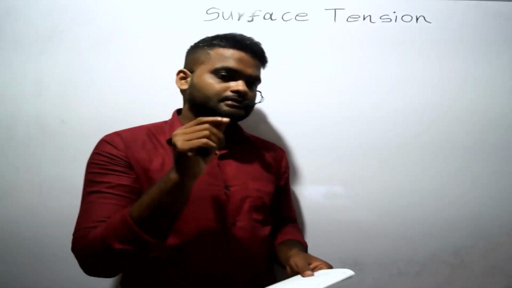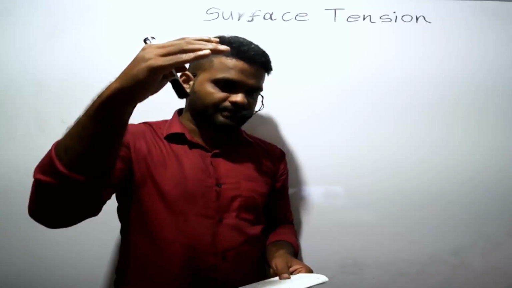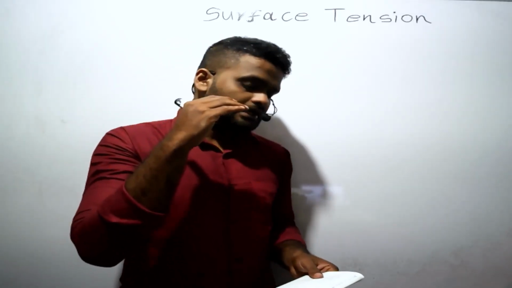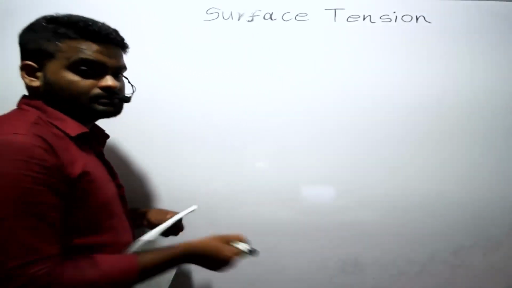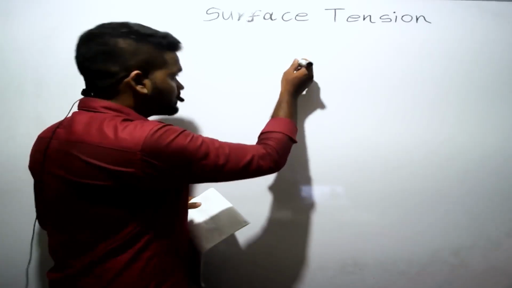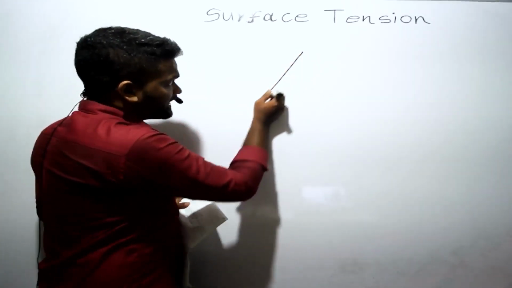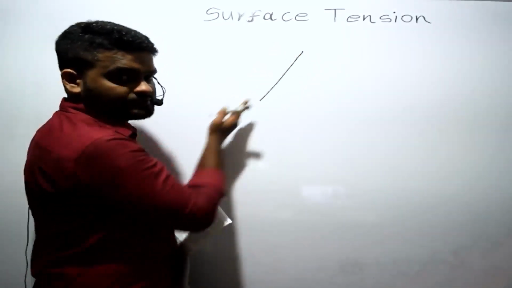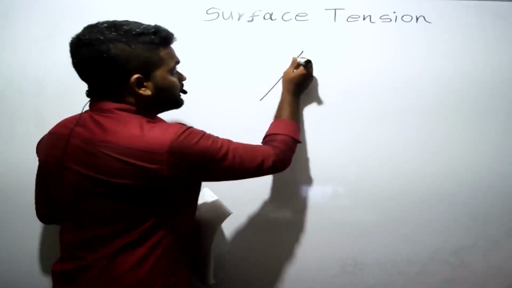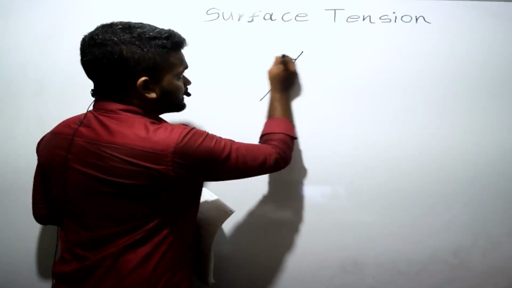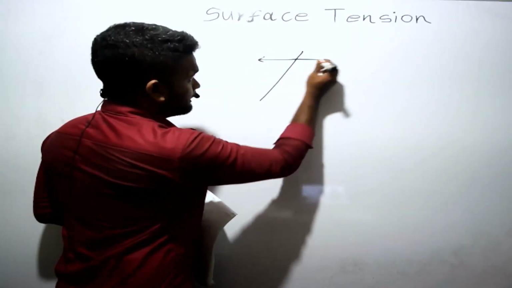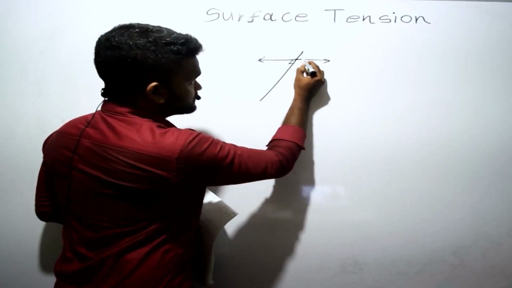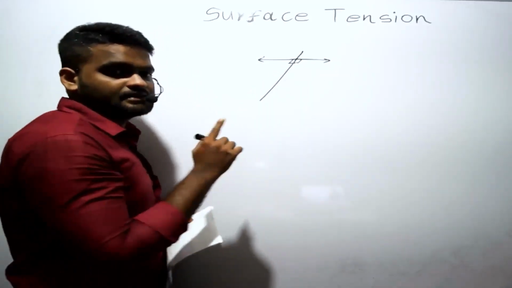After that, definition of surface tension, let's draw this one. Draw this with me. Draw a line like this, an inclined line, right? Then this is how surface tension forces are acting on this line.